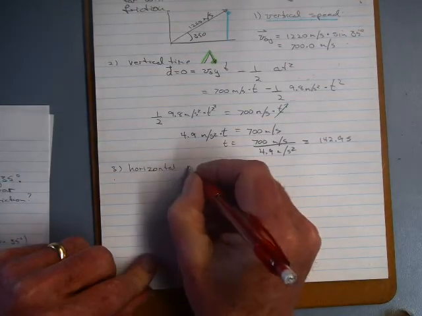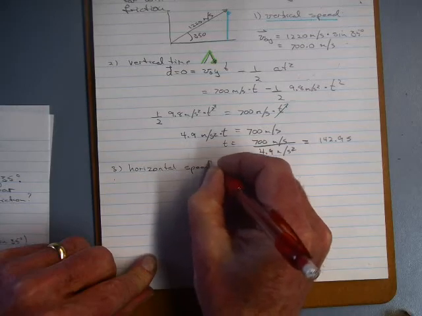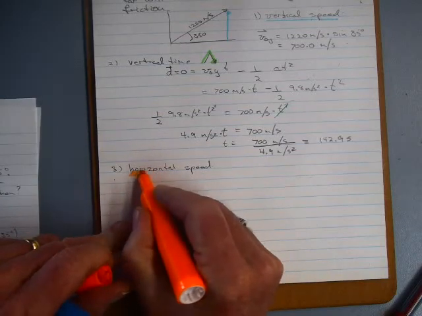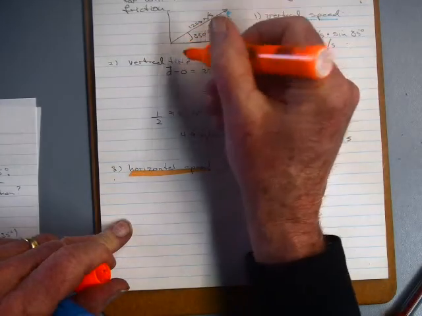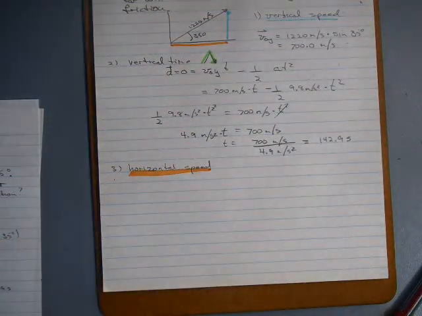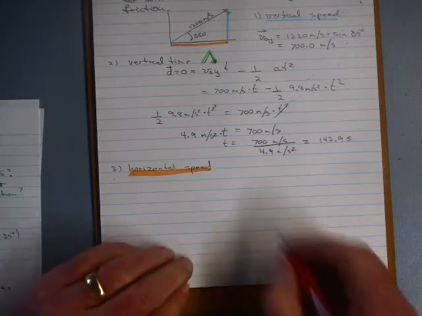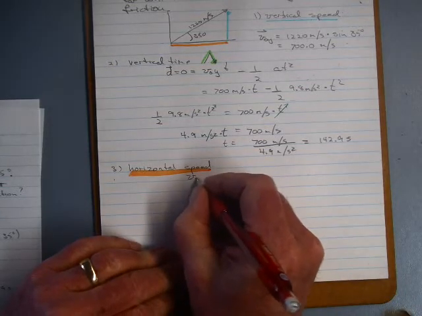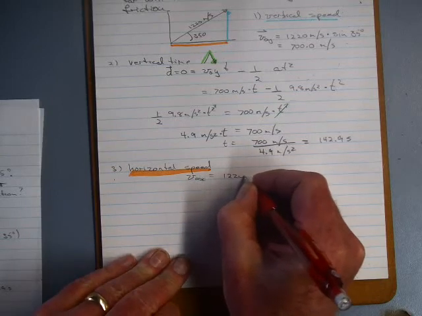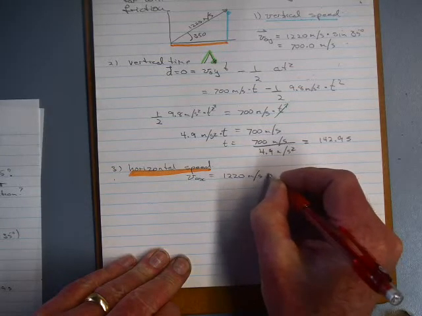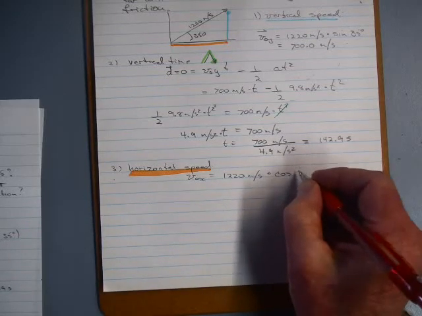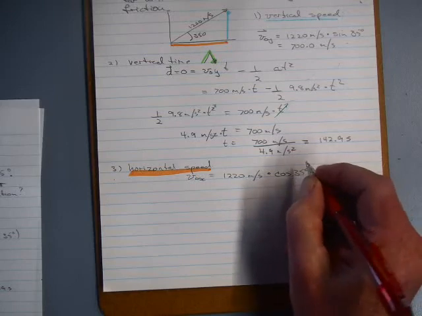Horizontal speed. And I had that as orange on the other one, so I'll maintain my color scheme. Vox is equal to 1220 meters per second times the cos of 35 degrees.